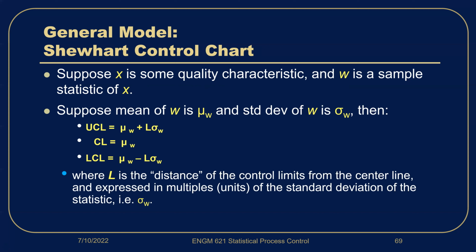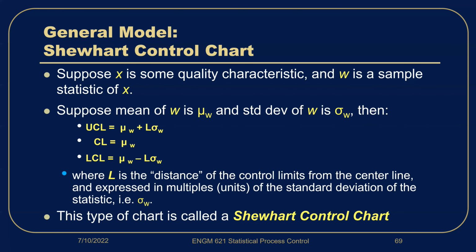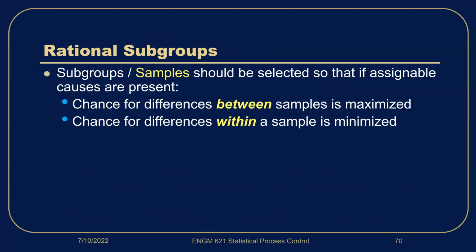How many standard deviations? This type of chart is called a Shewhart control chart. Given the general model, the sample statistic and control chart heavily depend on the sample size.